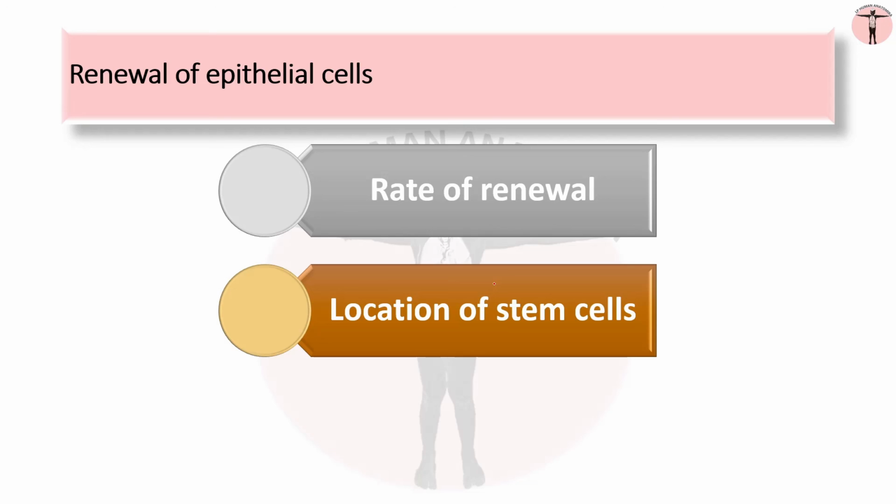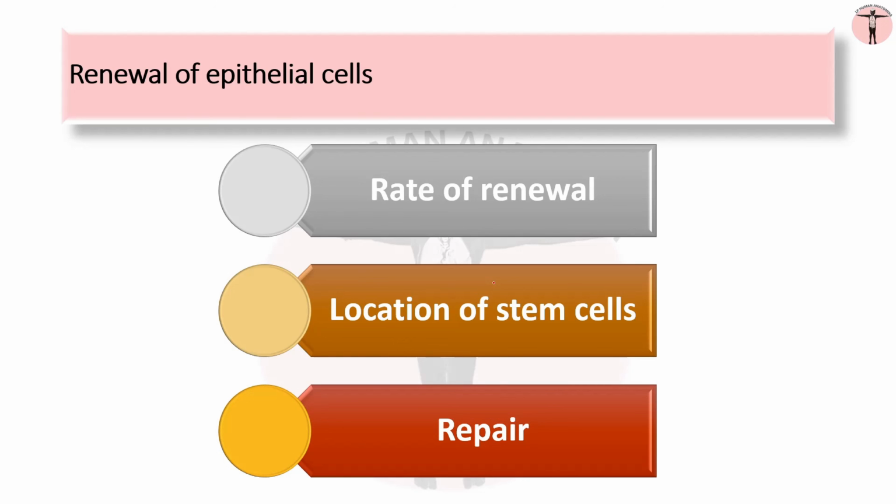For example, the epithelium lining the small intestine is derived completely from stem cells found in the simple glands which are present between the intestinal villi. In the epidermis of thin skin, stem cells are located along the wall of hair follicles. Epithelia are normally capable of rapid repair and replacement of apoptotic or damaged cells.